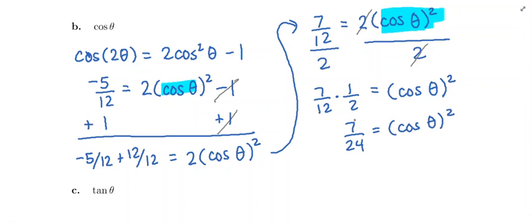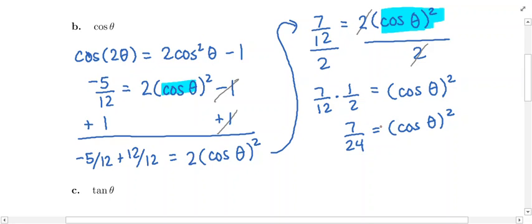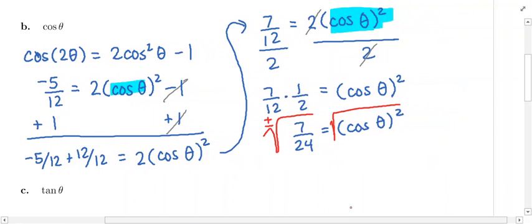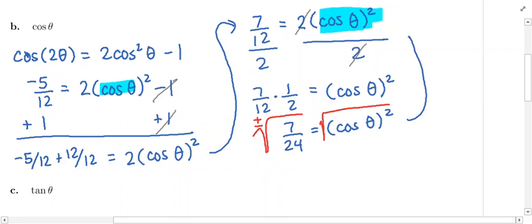We want the cosine of theta, but it's being squared, so to undo that, we're going to take the square root of both sides. Got to put the plus or minus out front. The square and the square root will cancel, and you'll get that the cosine of theta is plus or minus the square root of 7 over 24. Again, you've got to pick.